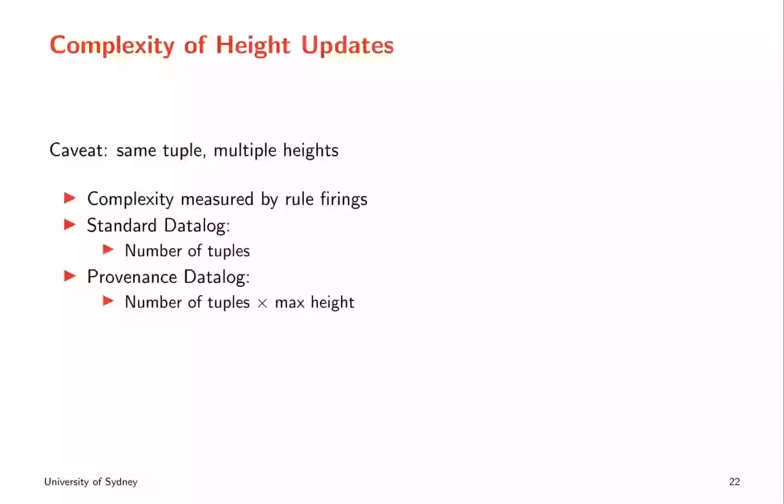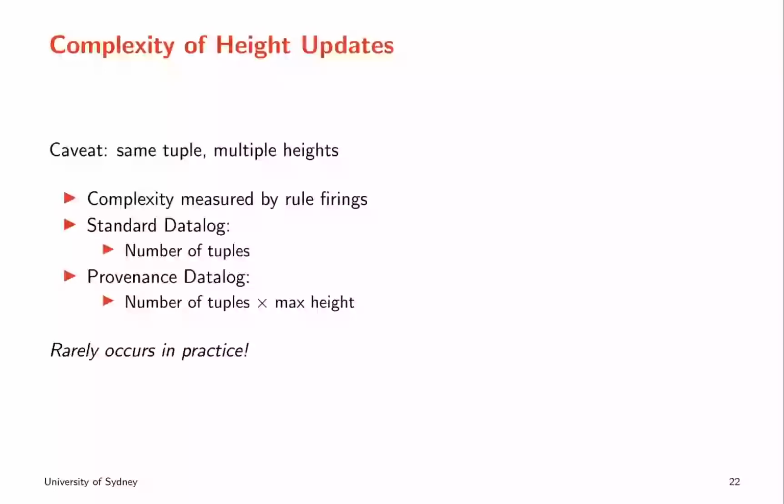But with our provenance evaluation, a rule could fire and it could either produce a new tuple or update the height of an existing tuple. So in the worst case, if in each round the height annotation of a tuple is decreased by 1, then we could have the maximum height number of updates. The worst case for a Datalog program would be the number of tuples multiplied by maximum height.